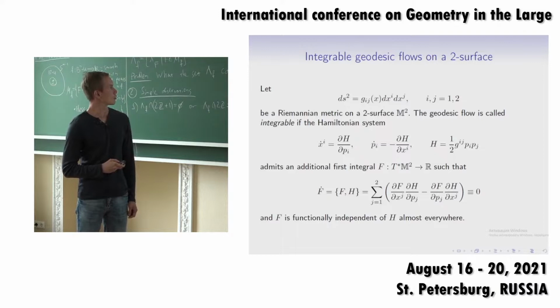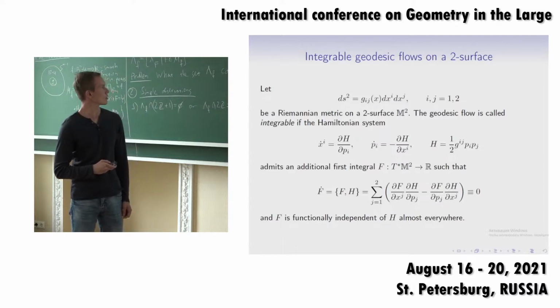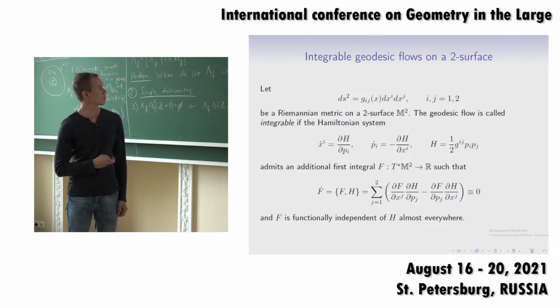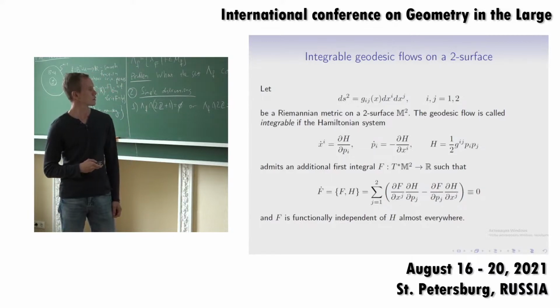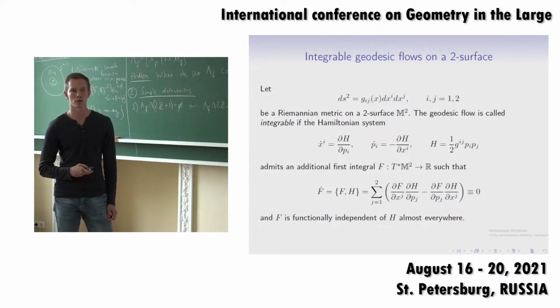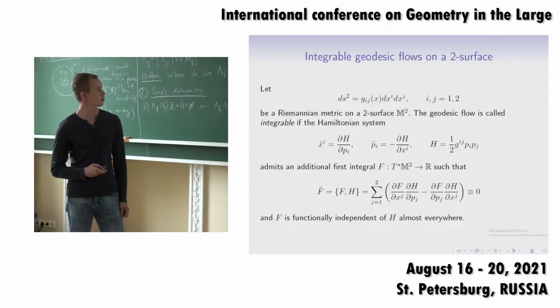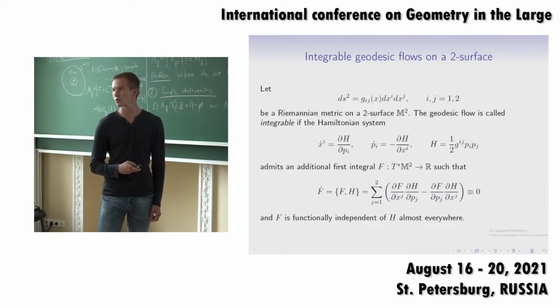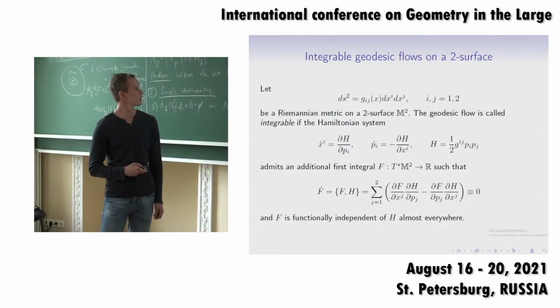Also, I would like to recall the notion of first integral. An arbitrary function f, which depends on coordinates and momenta, is called the first integral, or equivalently the conservation law, of this Hamiltonian system if it is conserved along the trajectories, or equivalently, the Poisson bracket of f and the Hamiltonian vanishes identically.